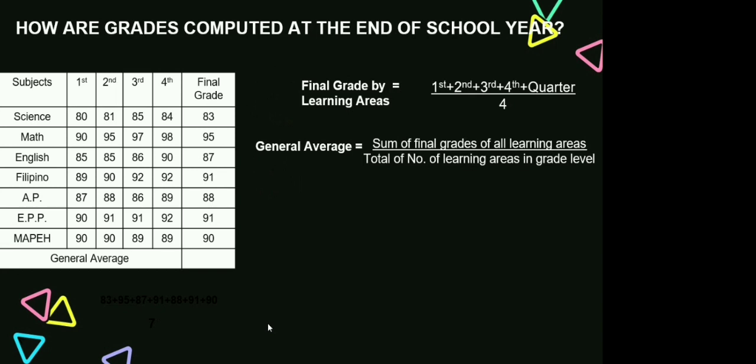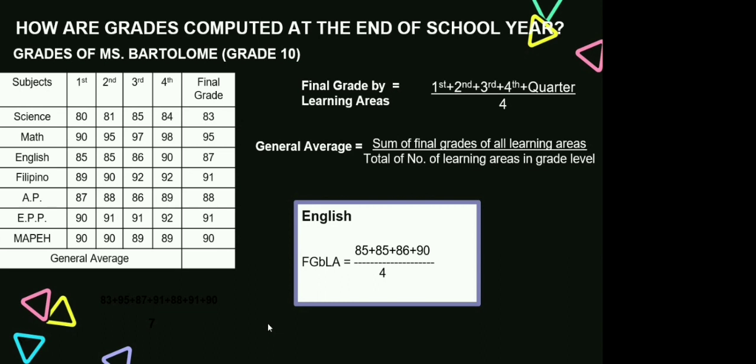For example, the table is the representation of the grades of Miss Bartolome in all subjects. In computing final grades, let's use English as an example. So final grade by learning area is equal to 85 for the first quarter plus 85 for the second quarter plus 86 for the third quarter plus 90 for the fourth quarter, divided by 4, which is equal to 86.5.